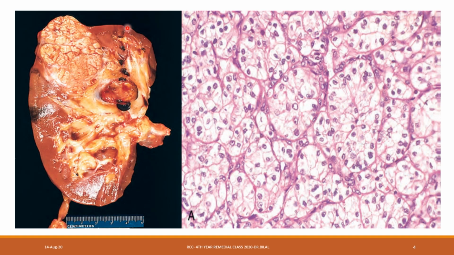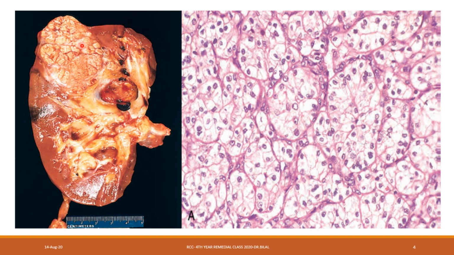Now, if I ask you to describe the specimen, you say that these are the normal areas, and here we see an abnormality. This is a tumor that, like the classical description, is protruding above the surface of the kidney. You can see the normal surface of the kidney ends here, and this is the tumor that is protruding above the normal surface of the kidney.